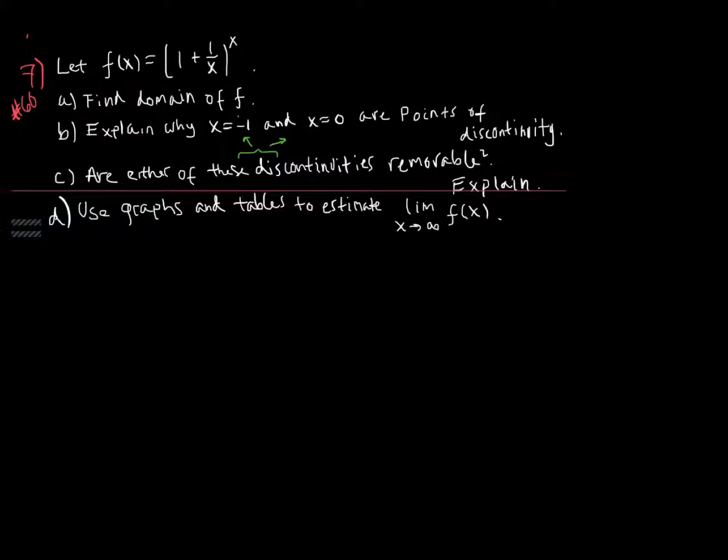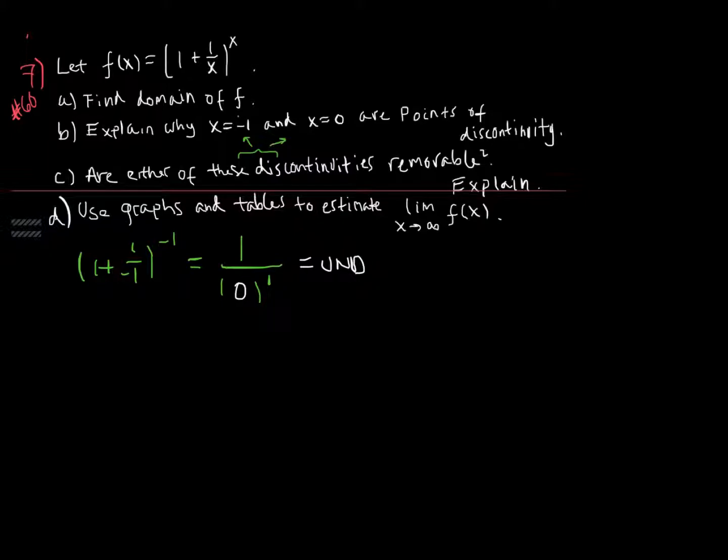Well, negative 1 would be (1 plus 1 over negative 1) to the negative 1, which is 1 over whatever this is to the first power. Well, what is this? This is 1 minus 1, 0. So this is also undefined. So our domain is all real numbers except for 0 and negative 1.